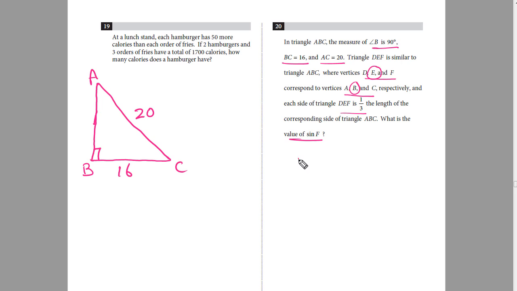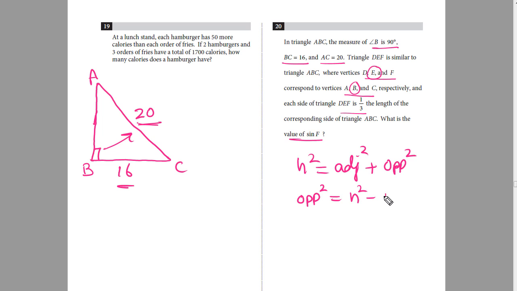Pythagoras theorem says that hypotenuse square is equal to adjacent square plus opposite square. Now this side I take as adjacent, this is the hypotenuse because it is opposite to the angle of 90 degrees, and this is the opposite side, so I have to find the opposite. Opposite square will be equal to hypotenuse square minus adjacent square.